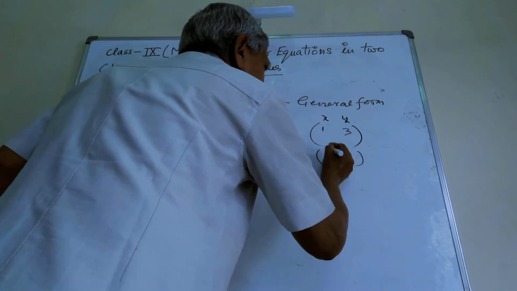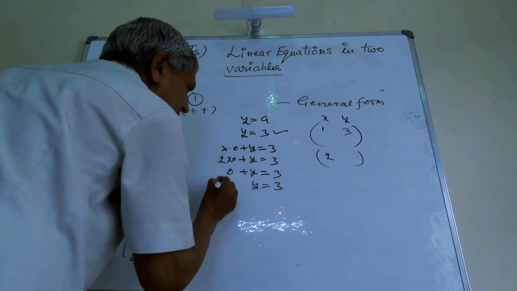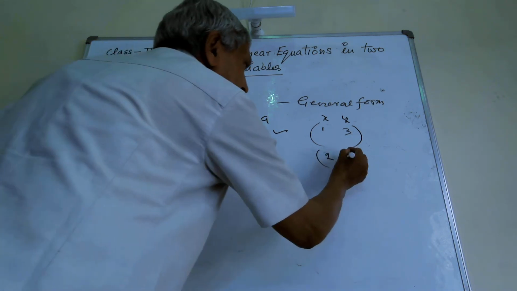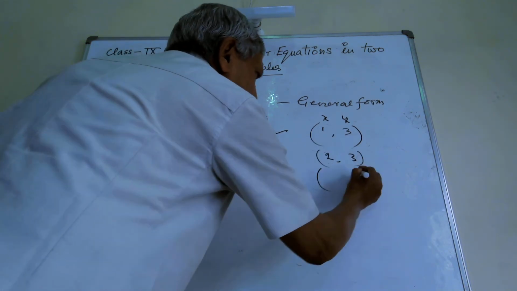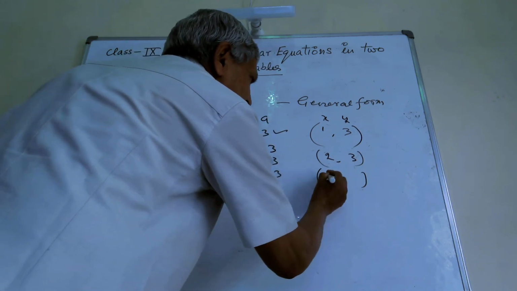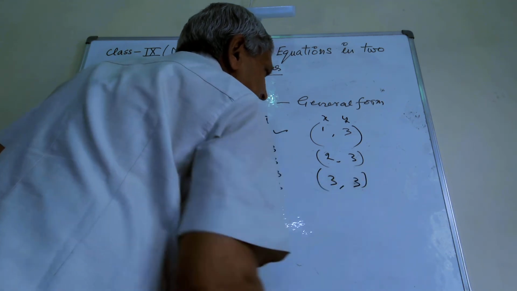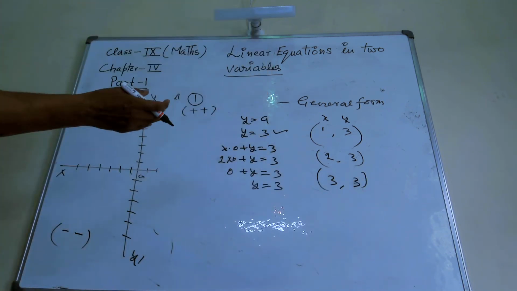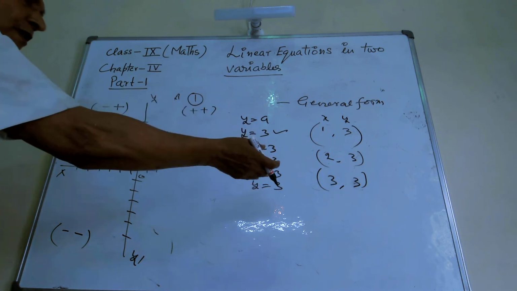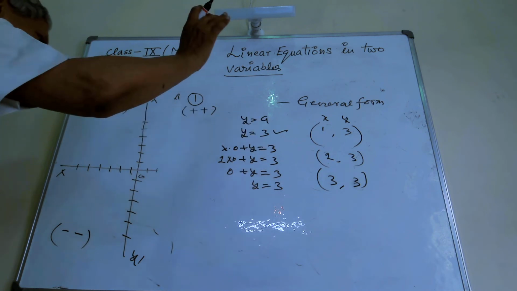Take the value of x is equal to 2: 0 into 2 plus y is equal to 3, so y is 3. In the same way, if you put x is equal to 3, you will get y is also 3. So you can find as many points as you want.